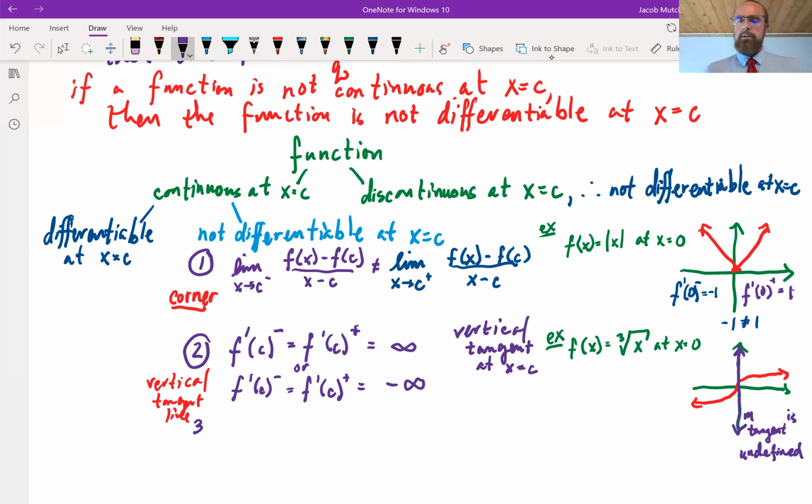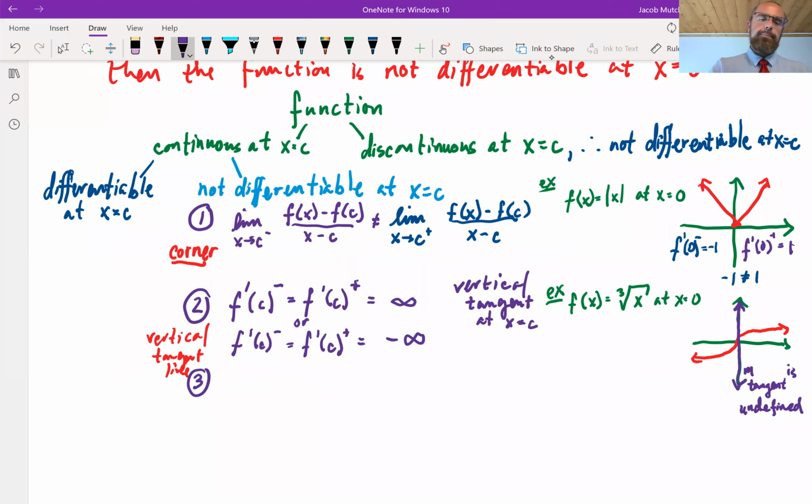So again, what I could have is that potentially I've got the limit of the average rate of change from the left equals positive infinity, and the limit from the right equals negative infinity.